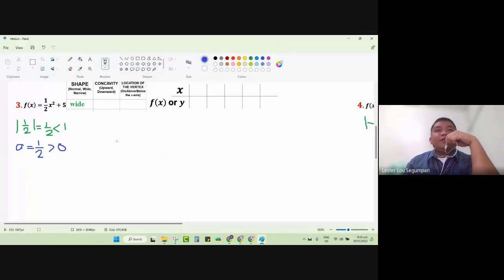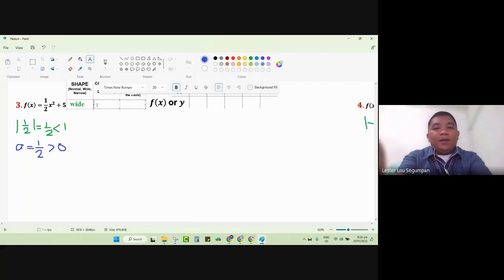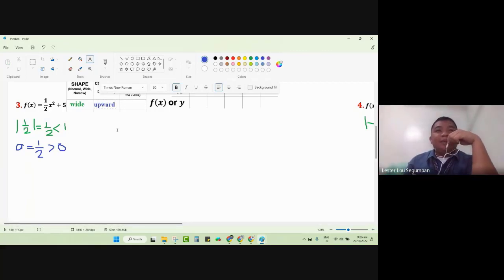So even if it's too small, the parabola should still open upward. By the way, when I say too small, it's not the shape because we are hoping for a wider parabola.